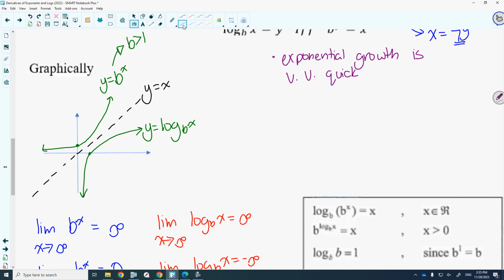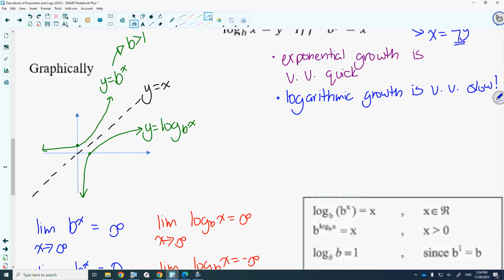Conversely, log growth is incredibly slow. It will eventually get to infinity, but it is super slow, and I'll show you how slow log growth is. So conversely, logarithmic growth is very, very slow.